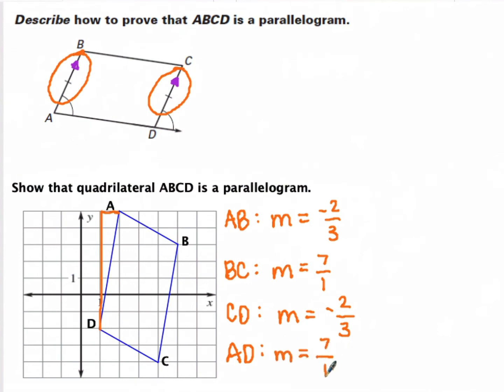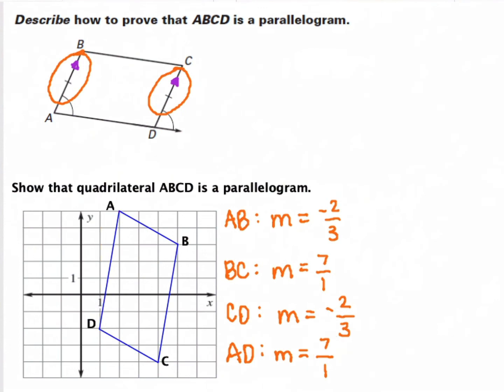Up 7, right 1. Remember that even if you did that in reverse order, if you went left 1 and down 7, the down 7 and the left 1 would still give us a negative over a negative makes a positive. That would still give us a positive slope of 7 over 1.